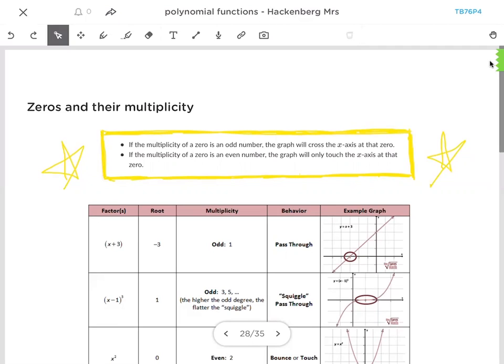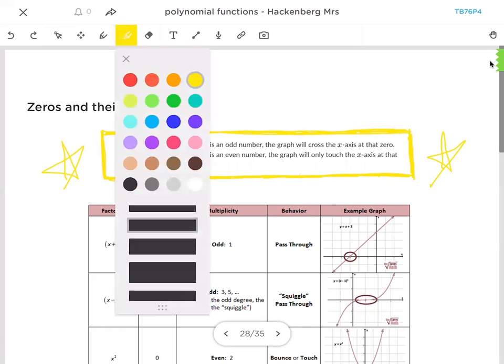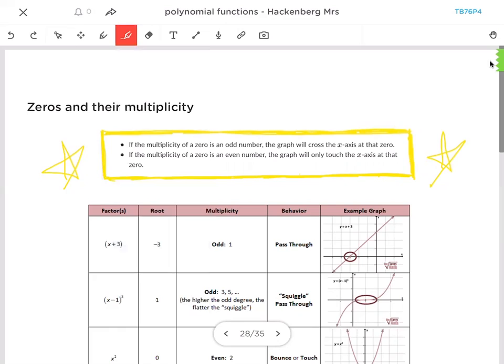If you have a multiplicity of a root that is an odd number, it will cross the axis at that number. So if it's odd multiplicity, it will cross the x-axis.